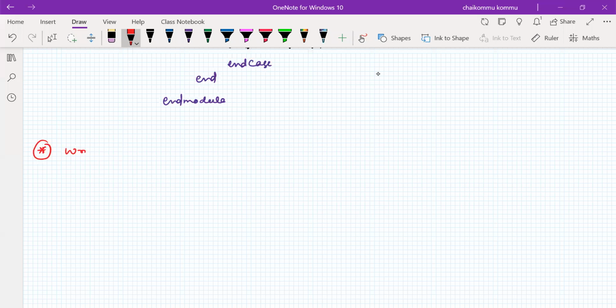Write a Verilog program for ripple counter. So how does the ripple counter look? Let us write.